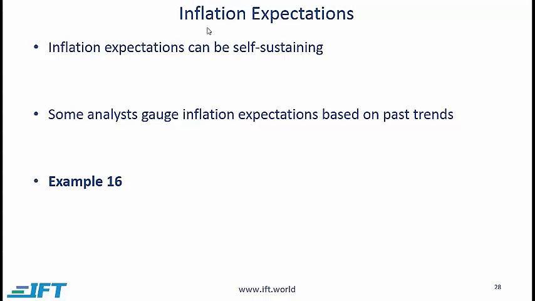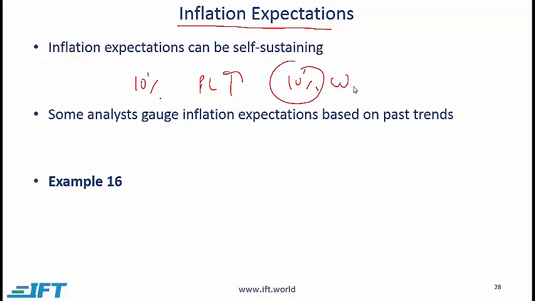We will conclude section 4 by talking about inflation expectations. Inflation expectations can be self-sustaining, or we can say that inflation expectations are a self-fulfilling prophecy. If everybody expects inflation to be 10%, in other words, people are expecting the price level to go up by 10%, then automatically labor will demand a 10% increase in wages and prices will then go up by 10%.